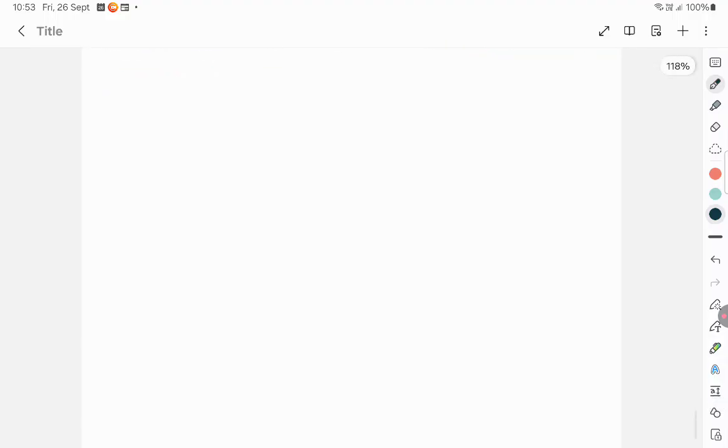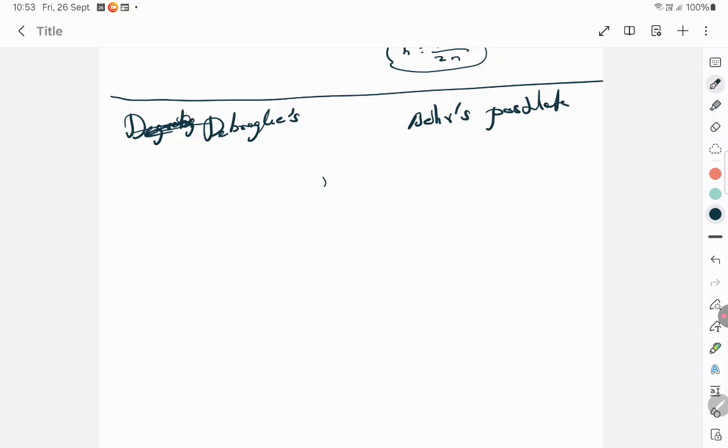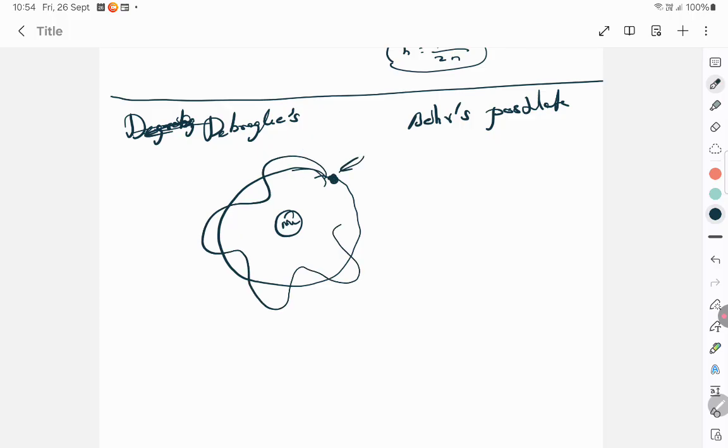Before which I'll just do one last thing. This derivation is very, very important. From de Broglie's hypothesis, you're going to arrive at Bohr's postulate. You have an electron revolving around the hydrogen nucleus. You know that a moving subatomic particle, when it's revolving, will produce a wave with de Broglie wavelength.